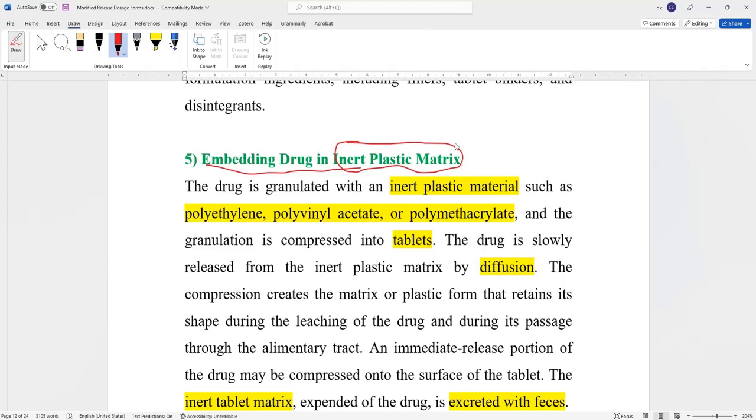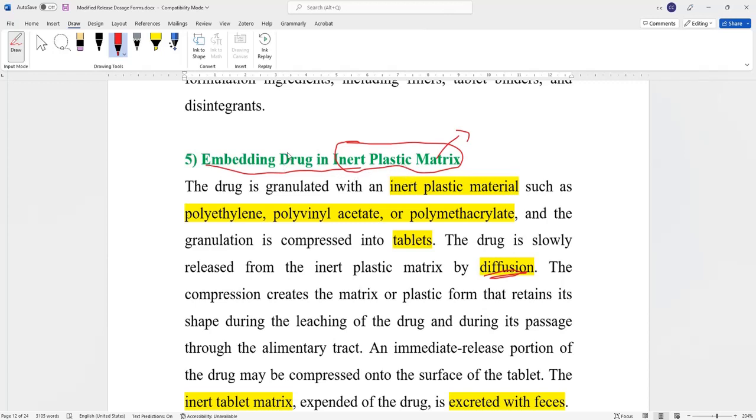The drug can only leave this matrix not by erosion, only by diffusion, because the matrix does not disperse, does not break, it remains intact. Which matrices are available to us? We have polyethylene, polyvinyl acetate, and polymethacrylate.